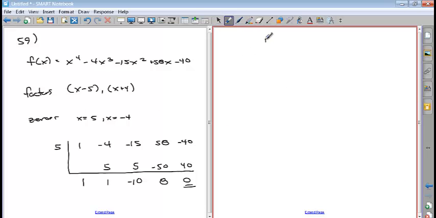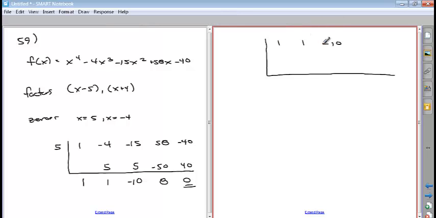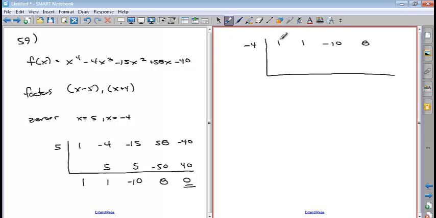And then you don't have to go back, and you don't really want to go back and do this. What you want to do is use the remaining expression, which is x cubed plus x squared minus 10x plus 8, to do the next part. So I'm just going to copy these constants down, and we use negative 4 for the next part.